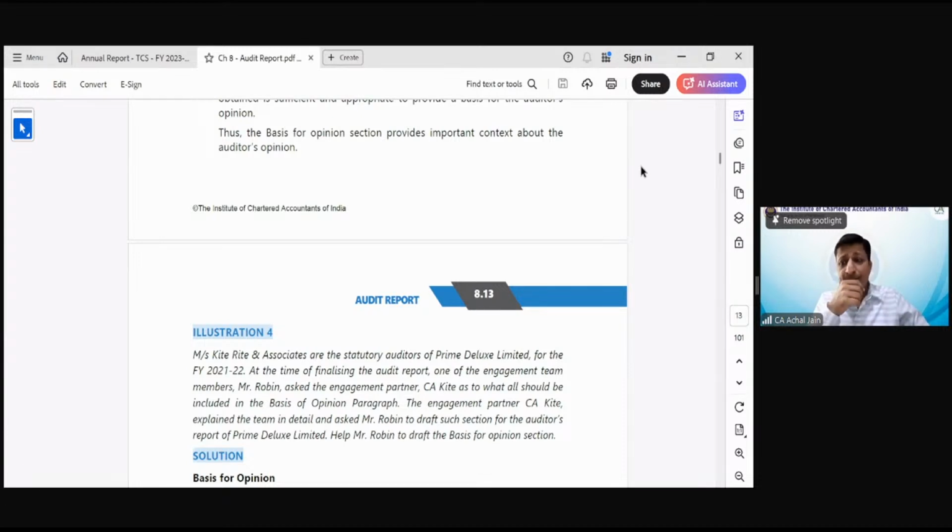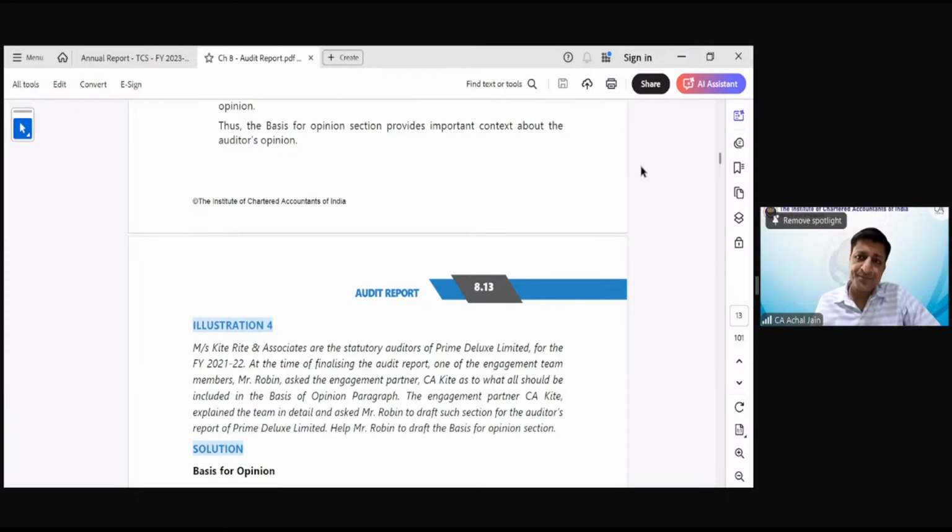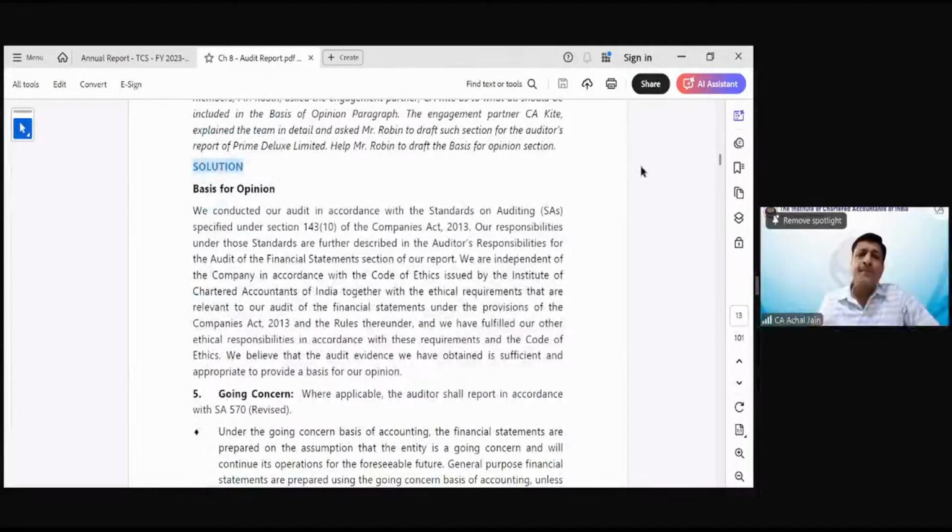Yeah, anyone? So should we go to the solution? Okay, now first of all, auditor will talk about the audit, means this audit has been conducted as per auditing standards, which is there as per the Companies Act. Then he'll talk about his audit responsibilities, for which a separate section will always be there in the audit report. So he'll give the reference of that section.